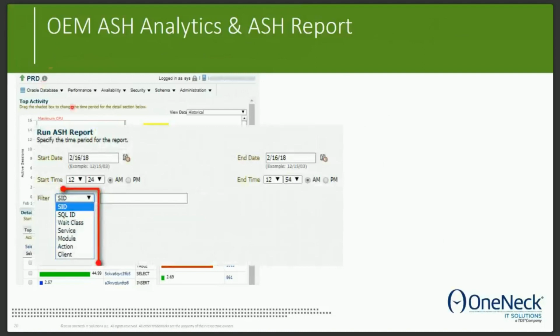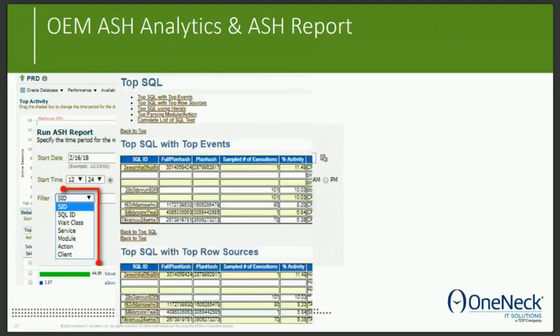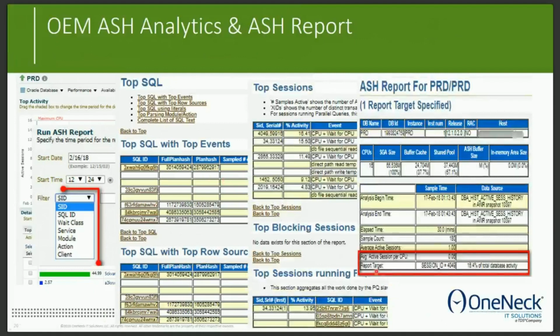And in the ASH report also, you can filter not only by the time, but by the SQL ID or SID or a wait class. You can do that as well. The filtering option is available there. And in ASH, when you filter with the SID, it'll show in the ASH. Here, you can see the report target.